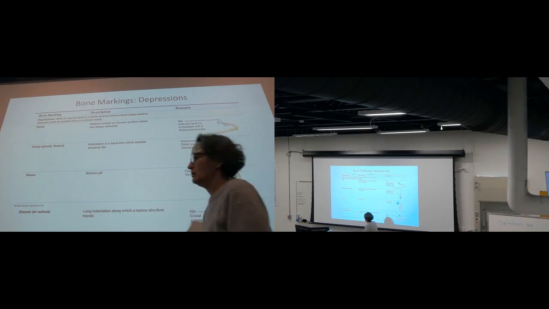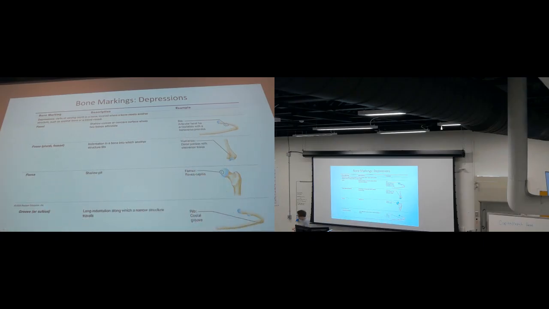Within the costal groove, you have a vein, an artery, and a nerve running, and in that order from lateral to medial.